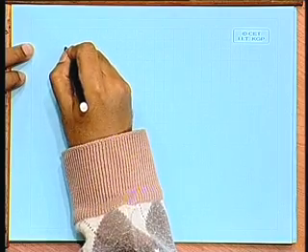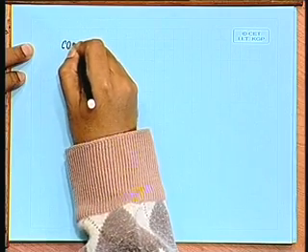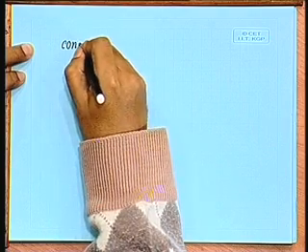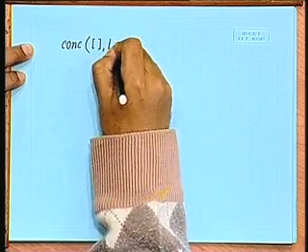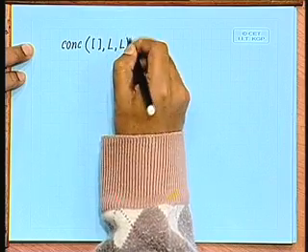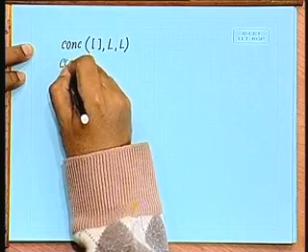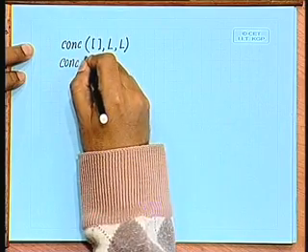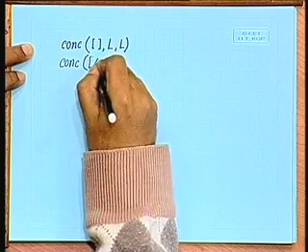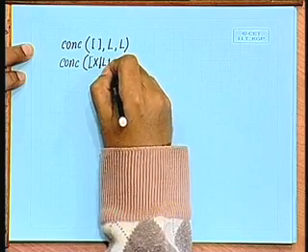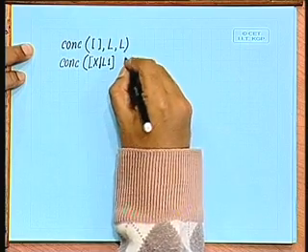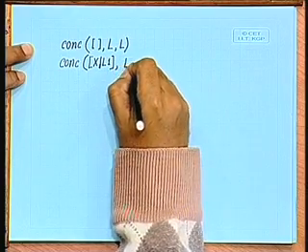Okay. Let me first take down the predicate concatenate, this, L1, then L2.